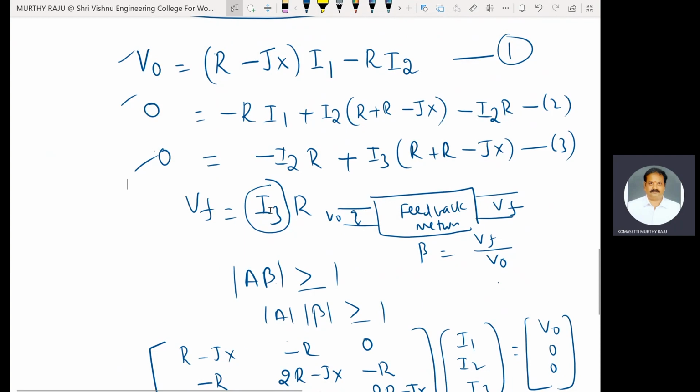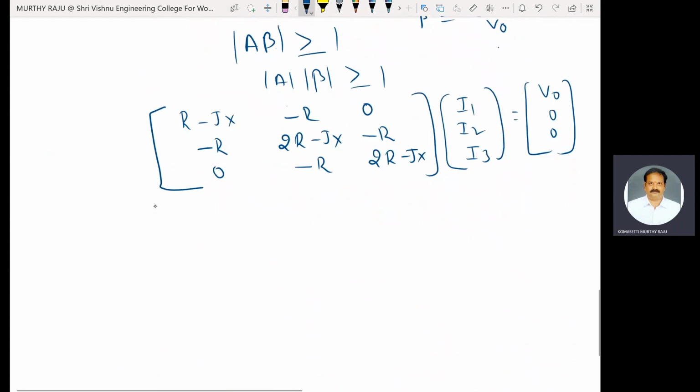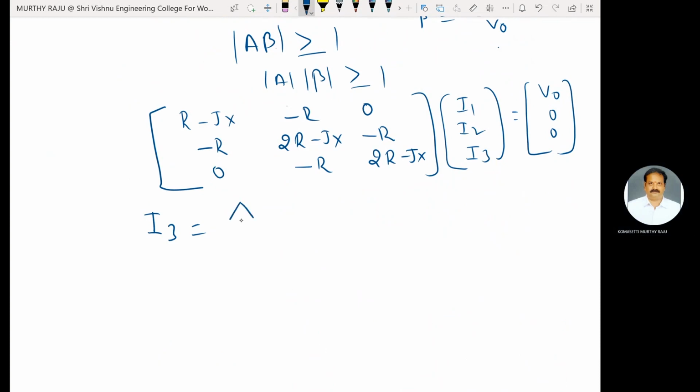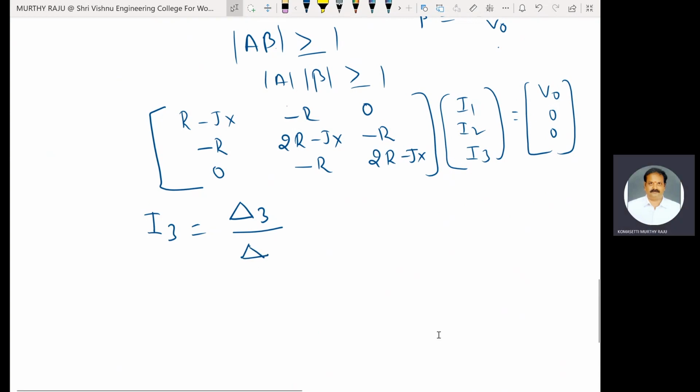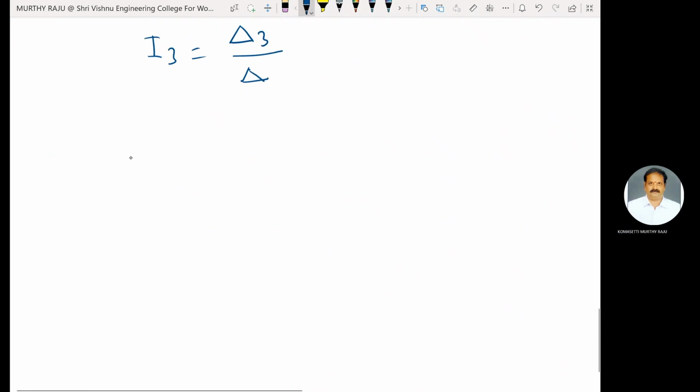I have to calculate I3 according to Cramer's rule. I3 is equal to delta 3 by delta. First calculate the delta value.